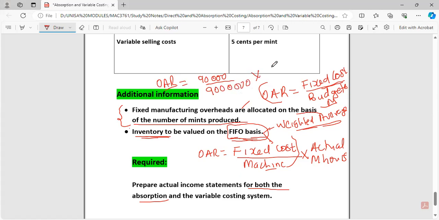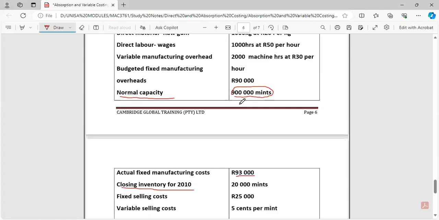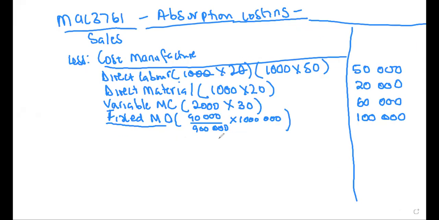Then you multiply by the actual units. So you are going to have your fixed manufacturing overheads, which are going to be absorbed into the cost of the product. That's how we do this part. It's very important in your costing to understand this part, right?